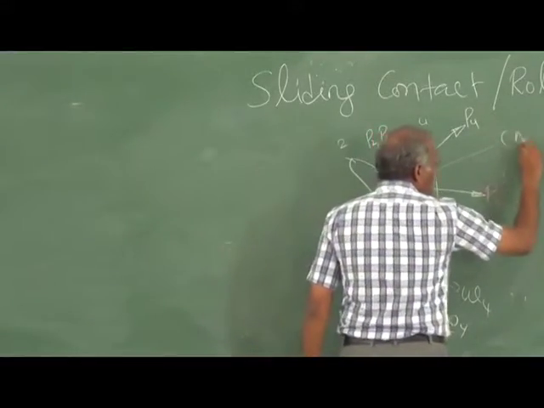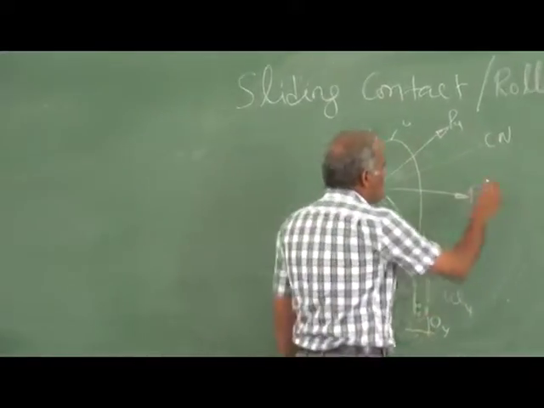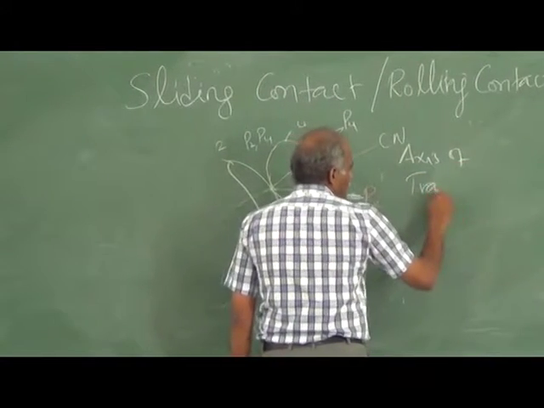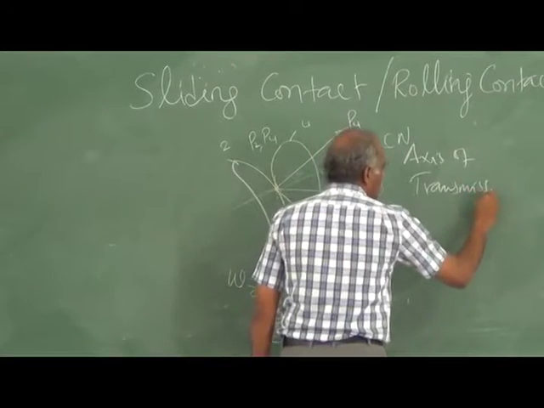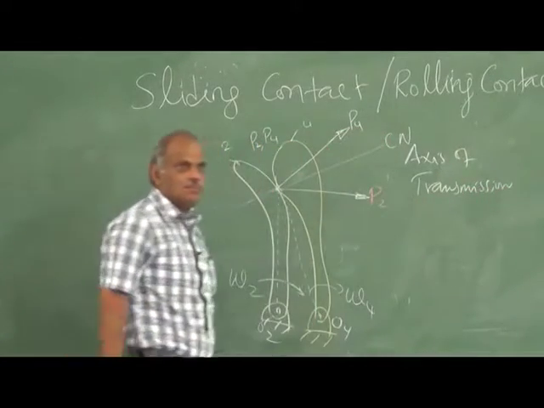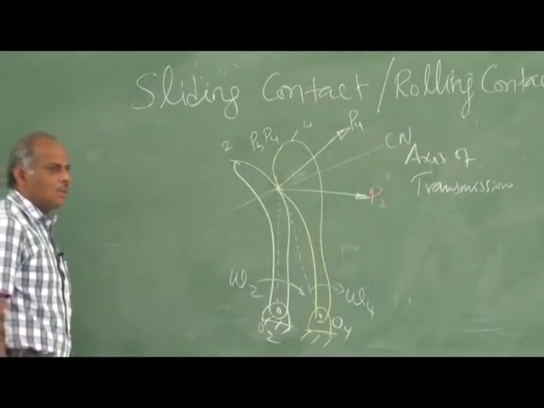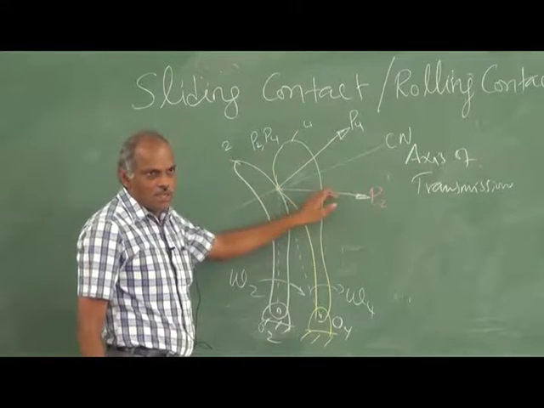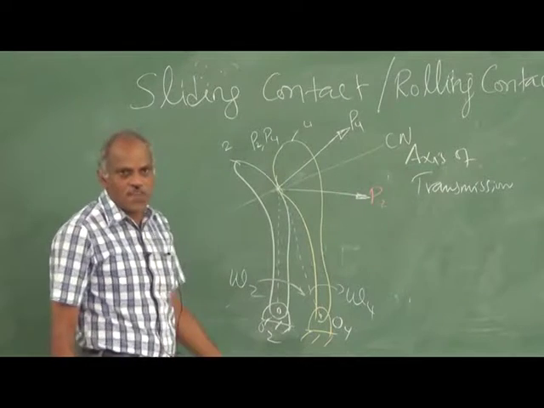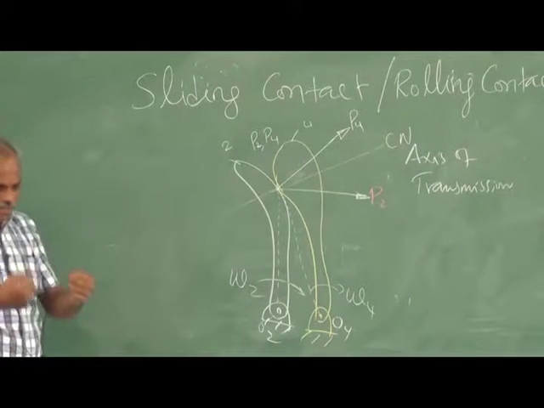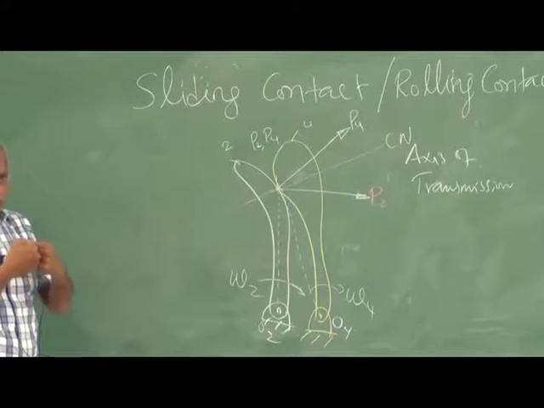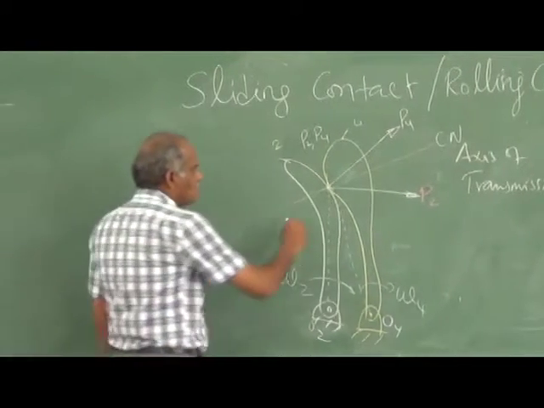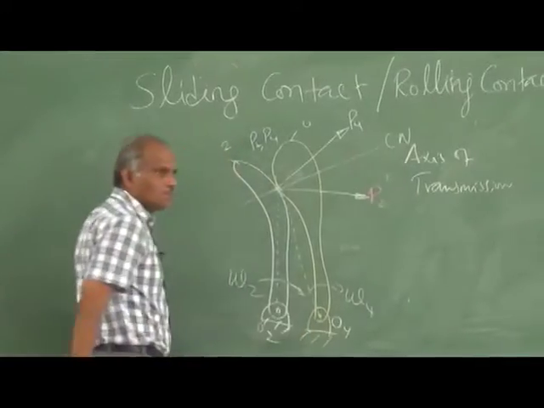This is the common normal, which is also called the axis of transmission. The velocity component along the axis of transmission should be the same. Otherwise, they will either separate or they will crush with each other.